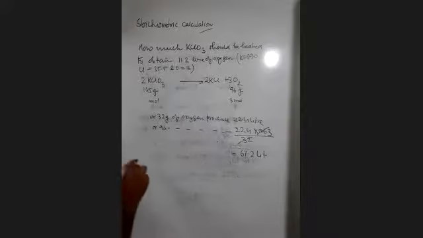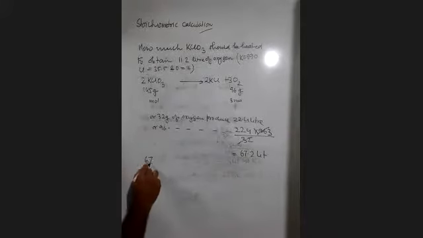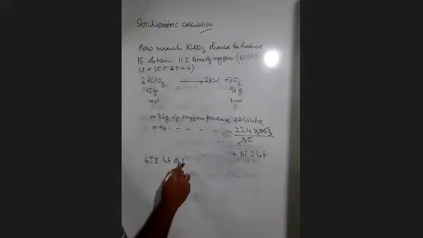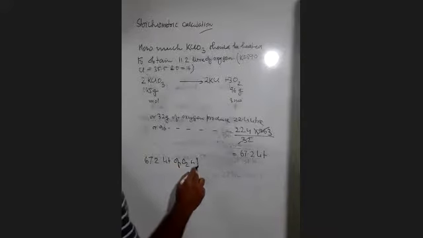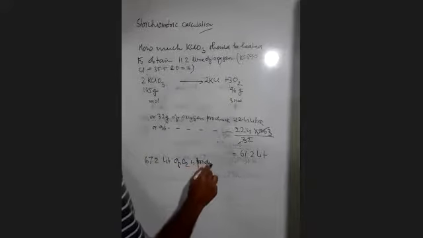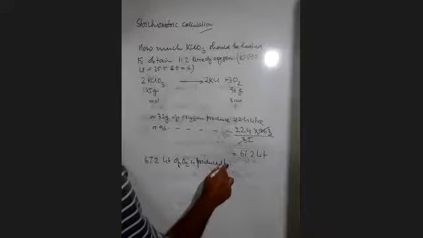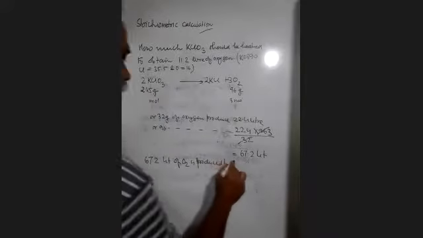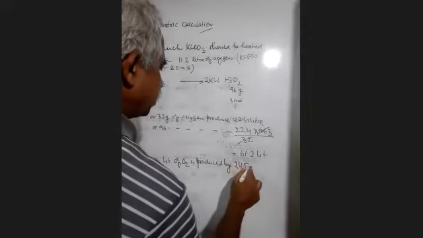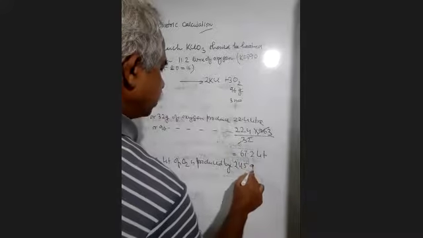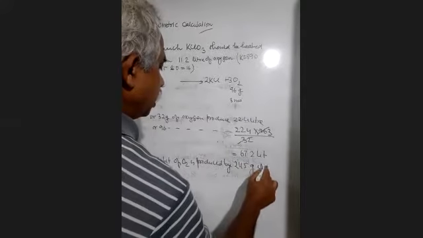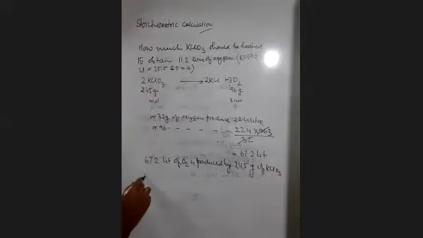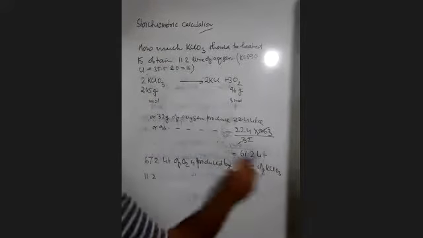See now, I'll write now. 67.2 liter of oxygen is produced by how much? 245 gram of KClO3, and this is a simple unitary method. Then 11.2 will be produced by how much?